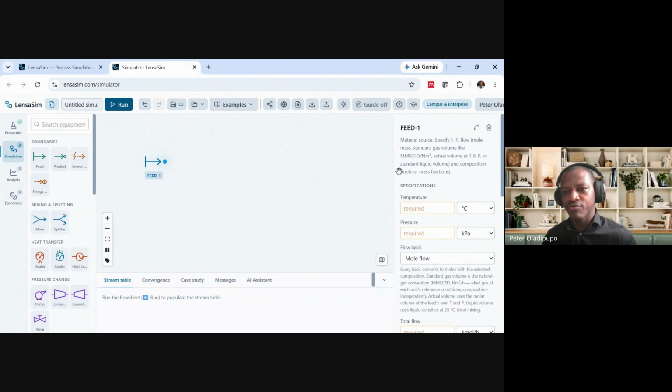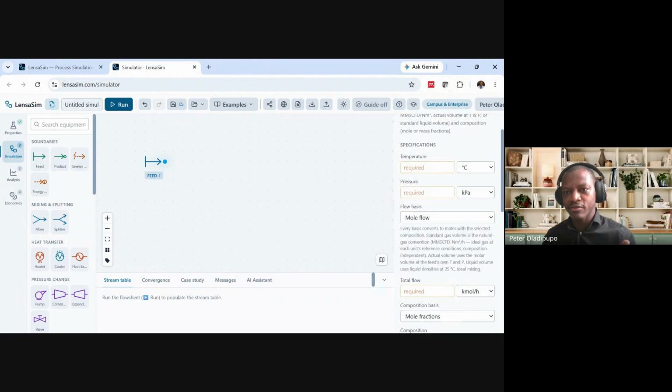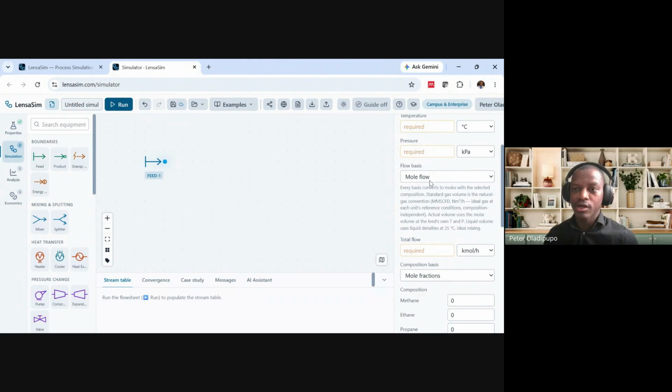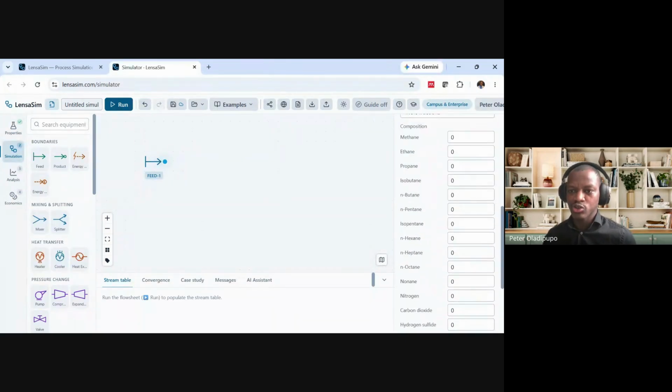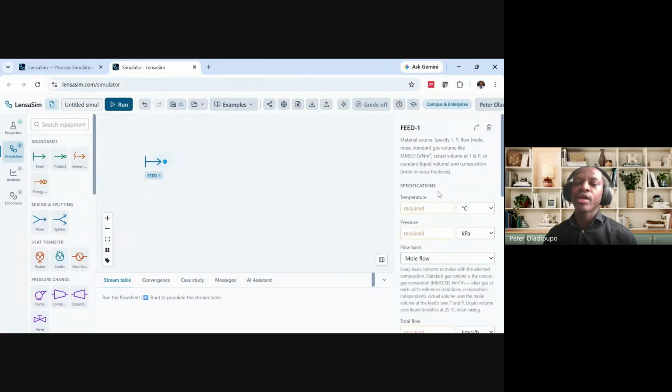So here in the specification form, we need to define the temperature, the pressure, the flow rate, and then the mole fractions of these components. Now, to find the data for this, you can always do research. The research you want to do is to find out the typical properties of flare gas, for example.